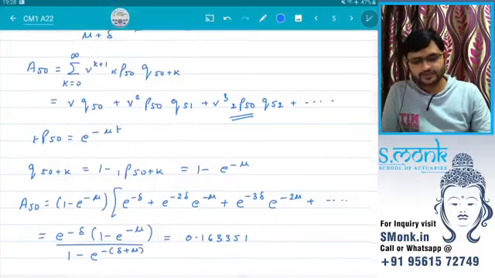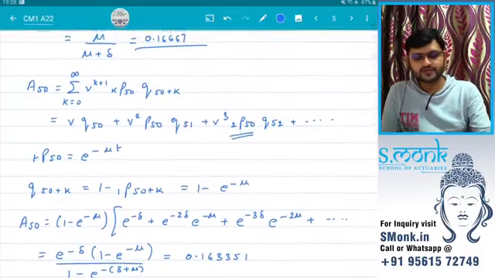So we have 0.163351. You can see they are nearly the same.